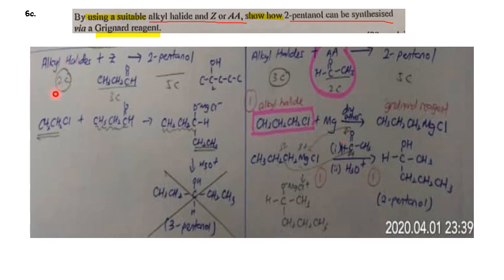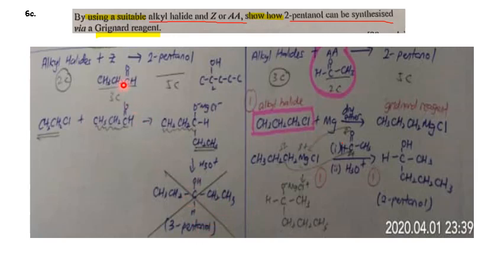I try ethyl chloride. Actually I have to form the Grignard reagent first. After I form the Grignard reagent, it attaches to here and then I hydrolyze. It will become 3-pentanol.